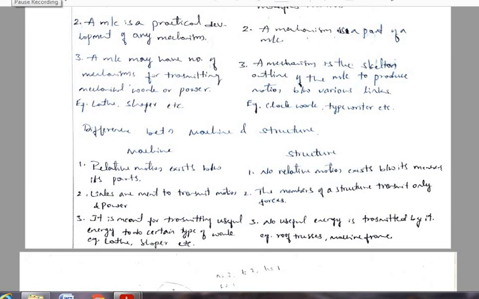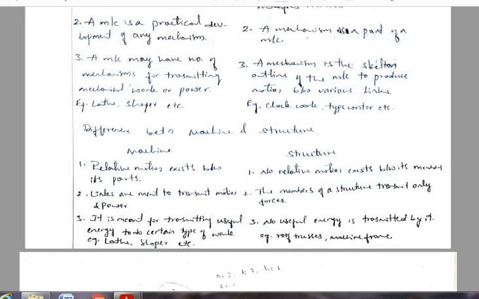To start with, the first one, in a machine relative motion exists between the parts, whereas in a structure there is no relative motion between the members. And in a machine, links are meant to transmit motion and power, whereas the members of a structure transmit only forces. There is no transmission of motion in the structure.